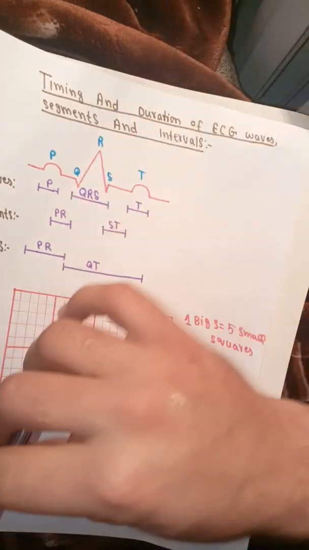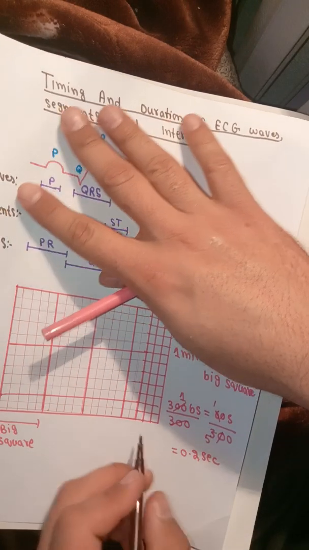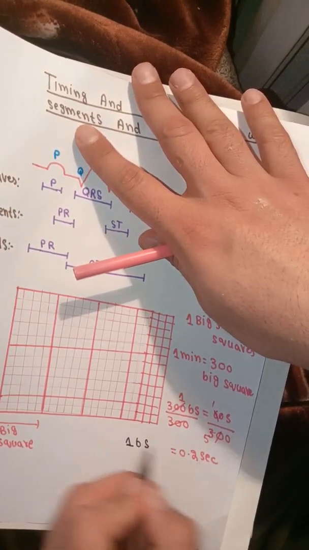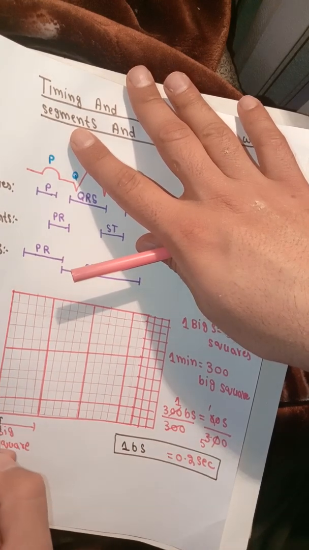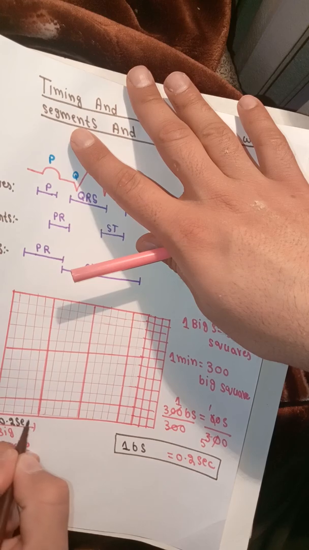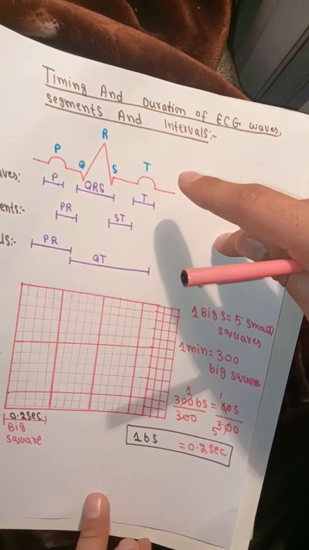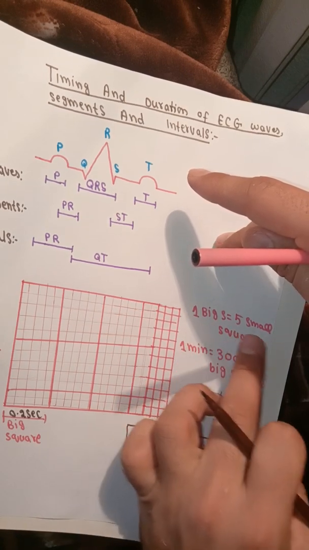It means that one big square is completed in 0.2 second. So this is one big square and it takes 0.2 second. Again, we know that one big square is equal to 5 small squares.